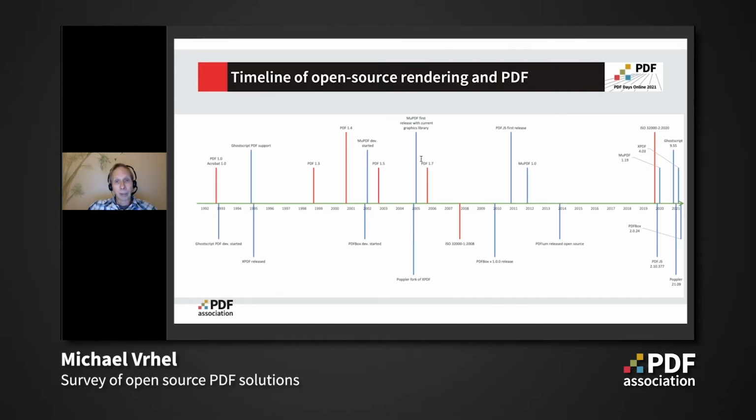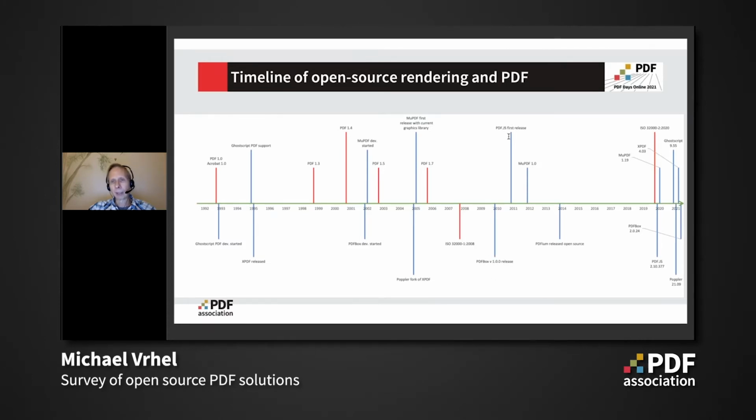By 2005, the first release of MuPDF occurred with its current graphics library, and at that time there was also the fork of Poppler, which was made off of Xpdf. Then we have PDF 1.7 and the ISO specification of PDF, and in 2010, PDFBox 1.0 was released.